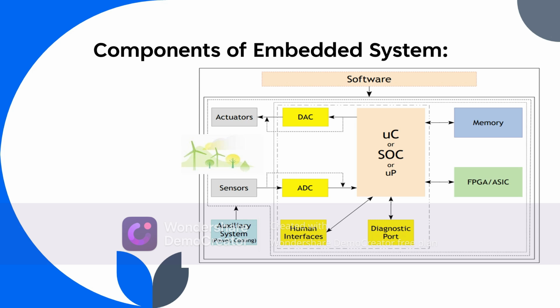So how do we provide any input, and how does the microcontroller function on it and give us the output in a real-time system? Sensors measure physical data like temperature and give an analog voltage. And what does the ADC do?